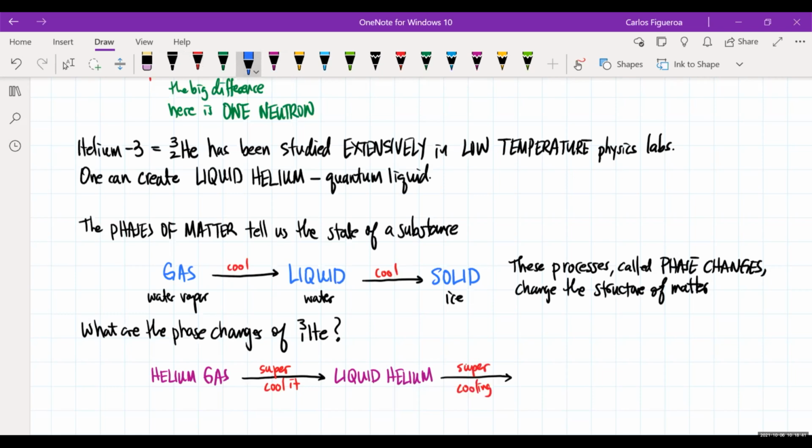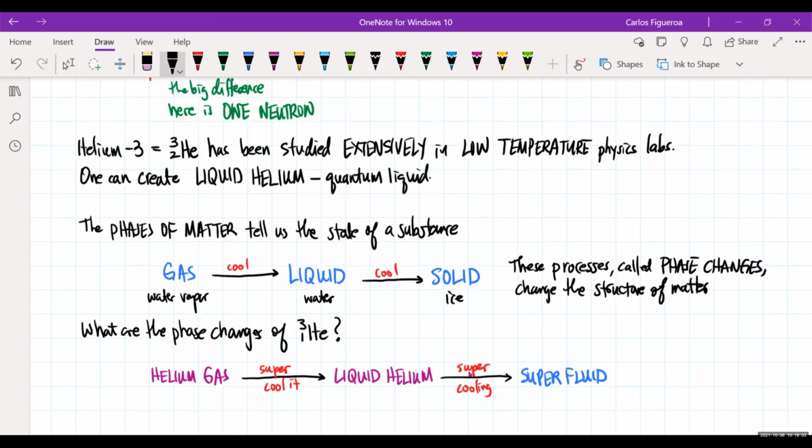And then something dramatic happens. You go from liquid helium, and if you continue to cool, not even that much, it turns into a superfluid. In other words, a quantum fluid.